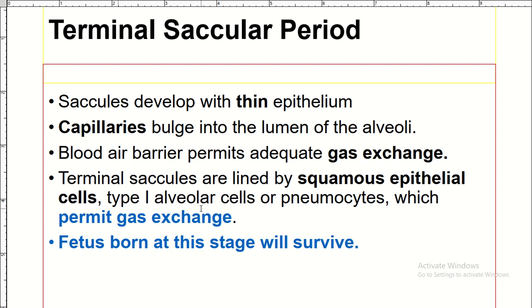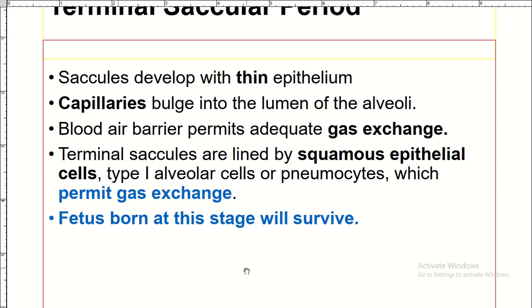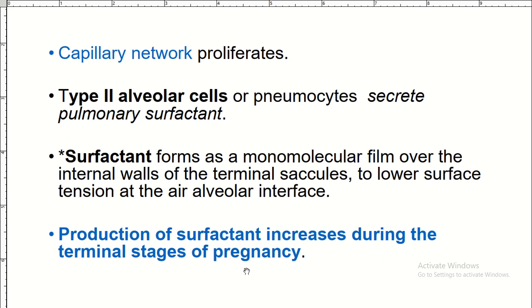You understand? So a fetus born at the terminal saccular period is going to survive. Why? Because the gaseous exchange is possible and we now have the formation of surfactant. So the capillary network is going to proliferate because we are forming the blood-air barrier. Then the type 2 alveolar cells or pneumocytes secrete what you call pulmonary surfactant.